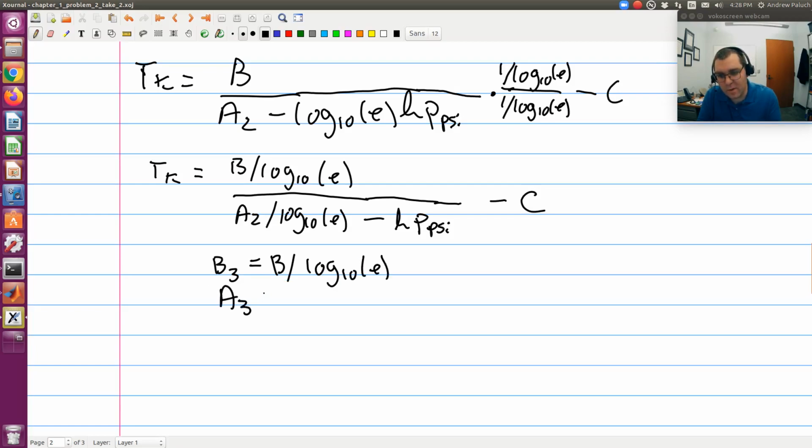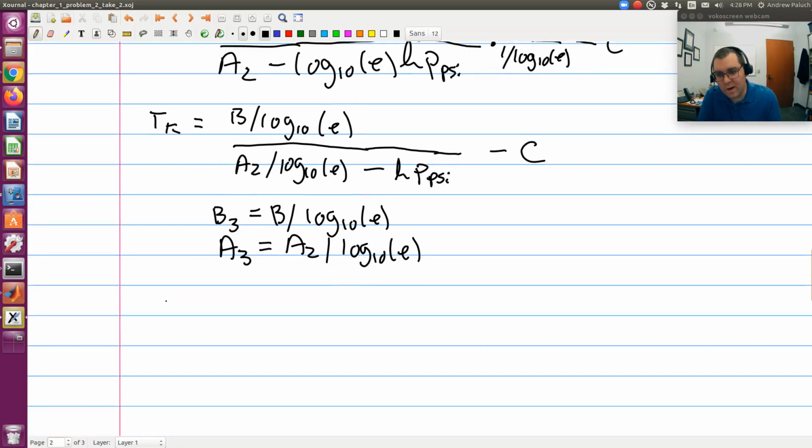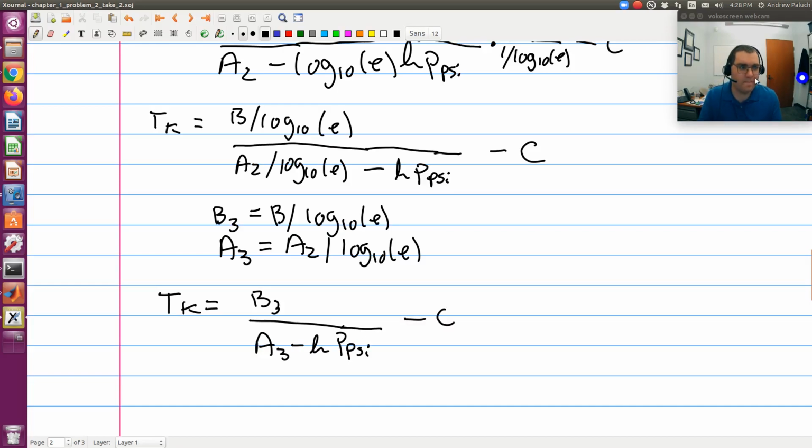Let a3 be equal to a2 divided by log base 10 of e. In doing so, my expression is TK is equal to b3 divided by a3 minus natural log of p in psi, minus c.